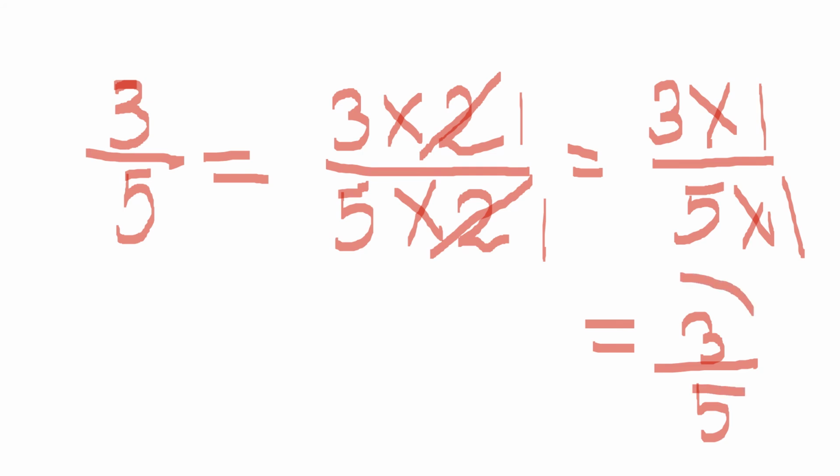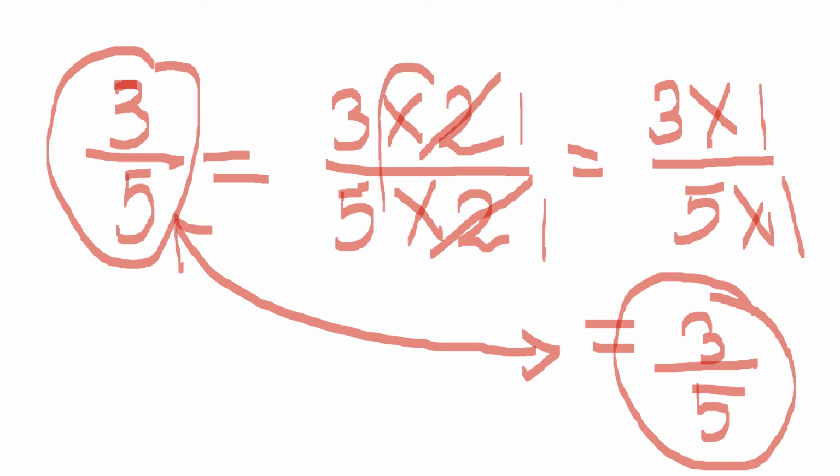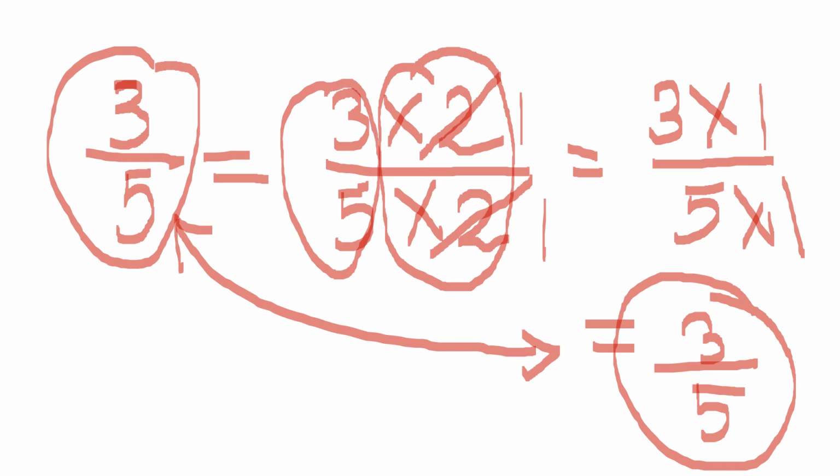So can you see that 3 by 5 is the same as 3 by 5? By showing this, what did I show you? I showed that whenever I multiply the same number in the numerator and the denominator, then the fraction does not change. 3 by 5 stays 3 by 5 itself.